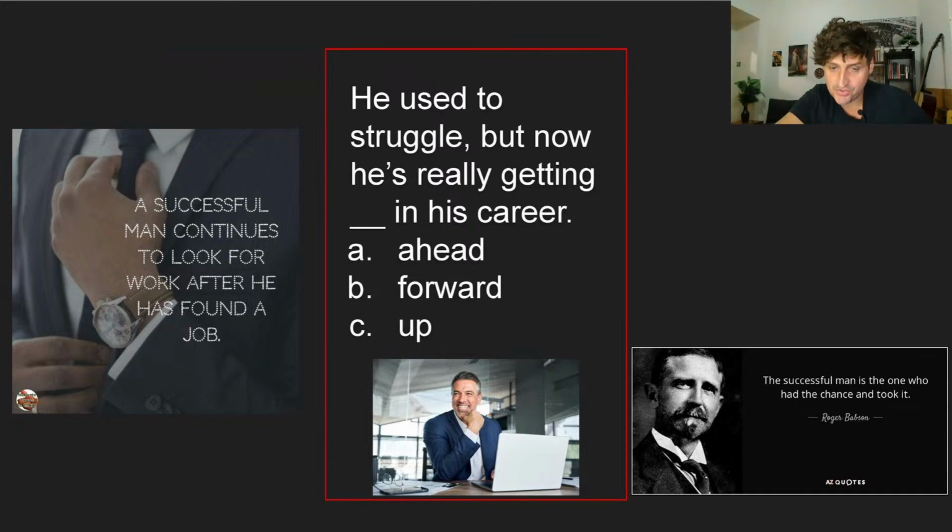And so he used to struggle. He used to have problems, money problems, financial problems, professional problems. But now he's really getting ahead. So you don't say get forward, right? It's understandable if you say, I need to get forward in life. It makes sense. Is it correct? No, it's not. You want to get ahead in life.